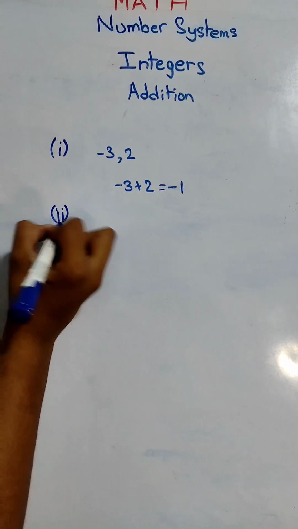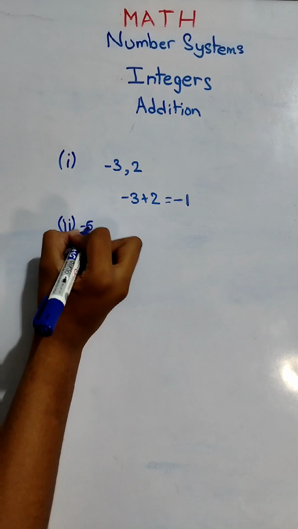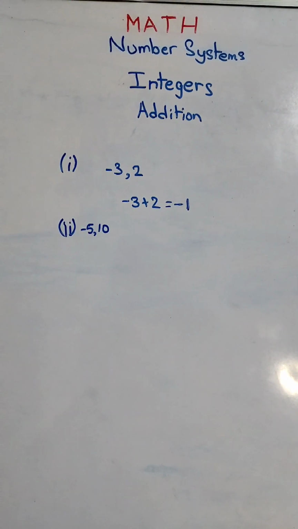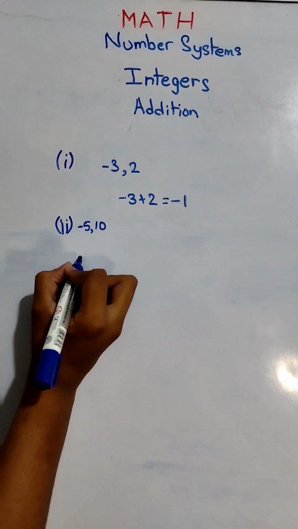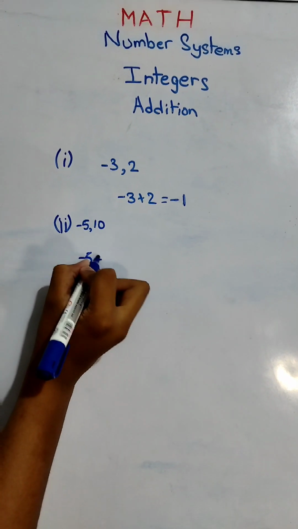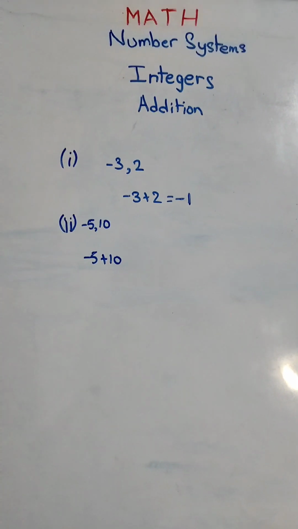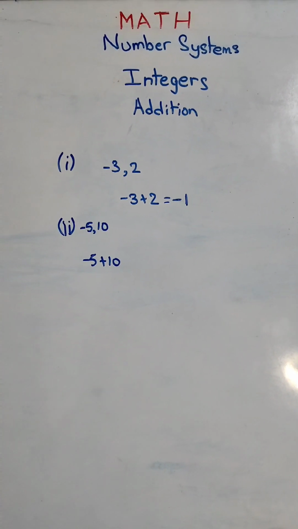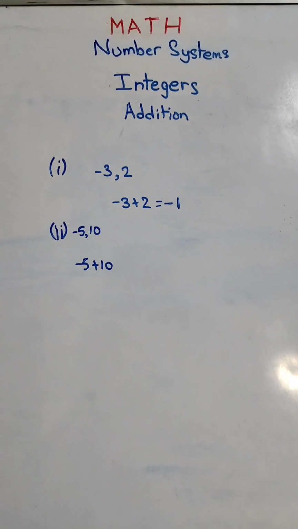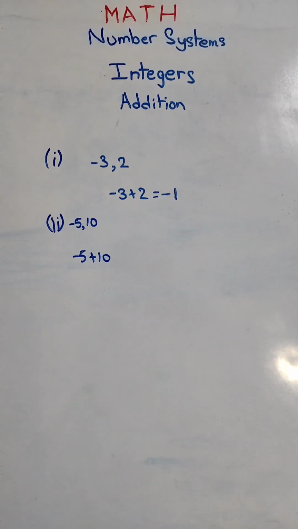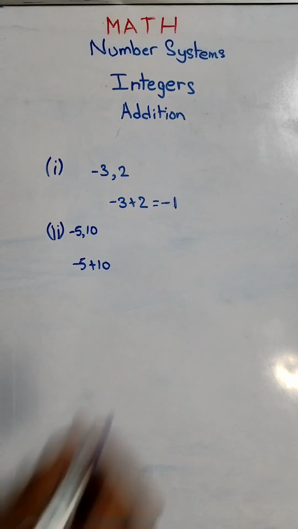Another example that we will take is -5 and 10. To add these two numbers, all we do is write -5 plus 10. This looks simple, but it takes a little time, because it's nothing but the same formula, only with a 2-digit number.